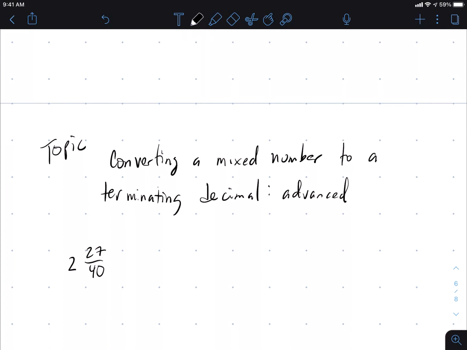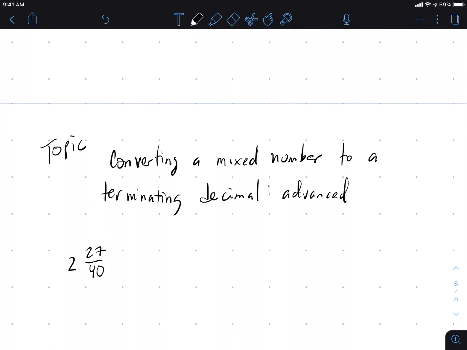Unfortunately, no. 27 is not a prime number, but it shares no factors with 40, so we can't reduce this.